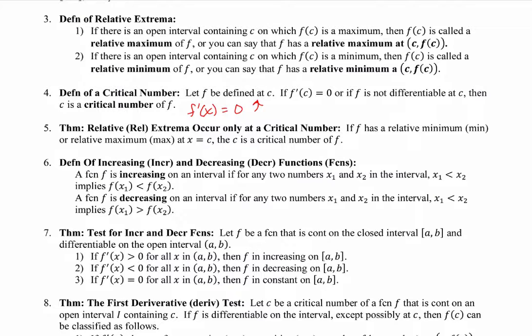Those are the critical numbers, and these possible relative extremum are the values of c. So you're going to set the derivative equal to 0 and solve for x, and those x values will tell you c, your critical numbers.